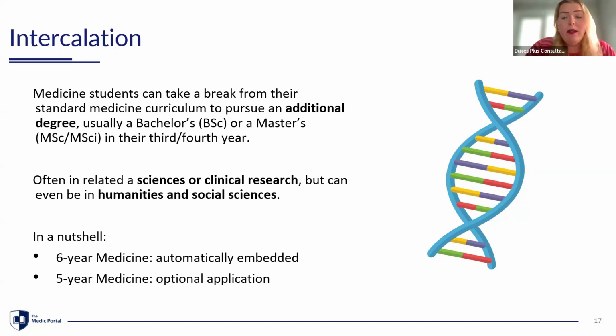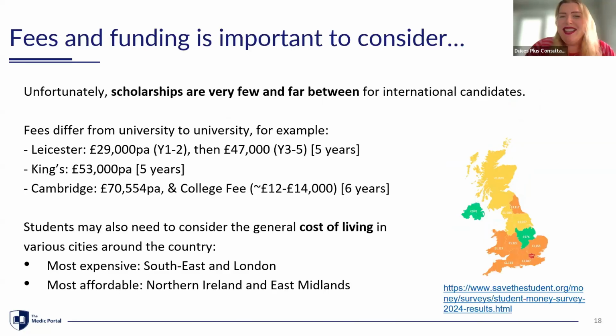This is also very important because of this next slide, where I am going to touch upon the fees and funding for international students. Now, unfortunately, in the UK, quite generally, scholarships are very few and far between for international students. There are some available for a select number of universities, but they are not full ride scholarships.